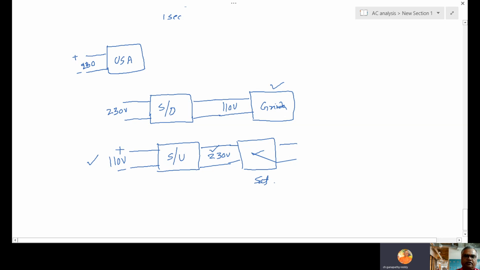Our grinder in America is more safe. If a USA grinder is used in India, the Indian government may never maintain 230 volts constant. Suddenly it will go up to 260, or it may come down to 200. Because of this variation, 110 may go up to 130. Then this grinder will go. So that's why our grinder used in America is more safe.